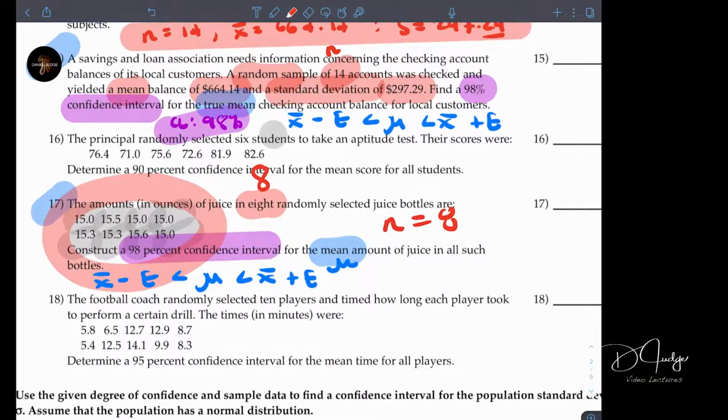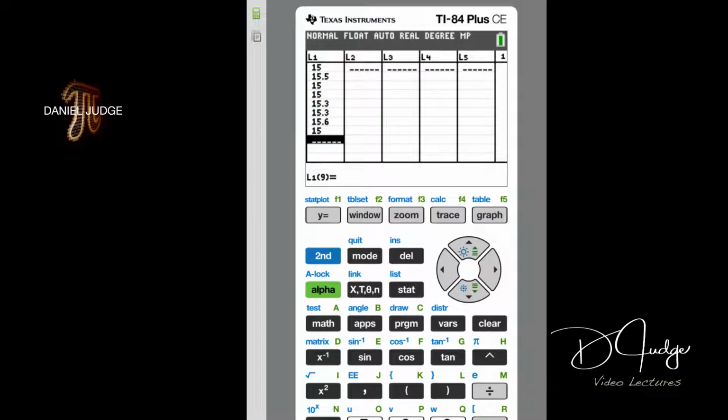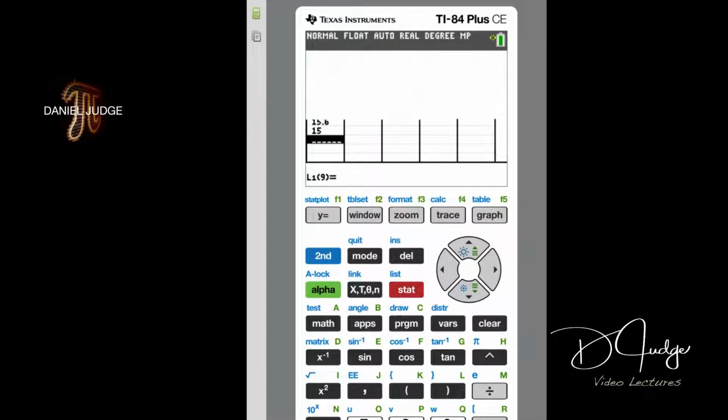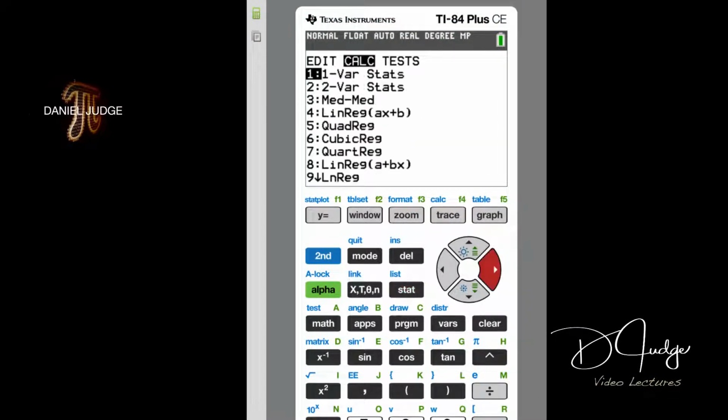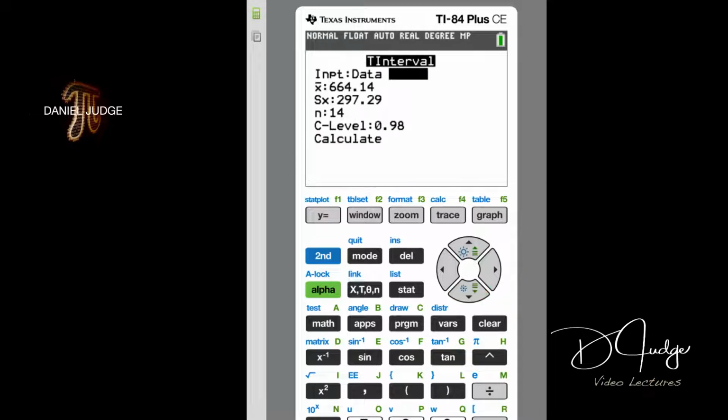Now, remember what I have to do for 17 here. In some ways, ladies and gentlemen, this is a small sample again. N is 8, small sample, 8 data values. So what we can do is go now to stat again. Go to test. This is a small sample, so Z, not ZT interval, number 8. Sample size is 8. Now, instead of stats, hit data.